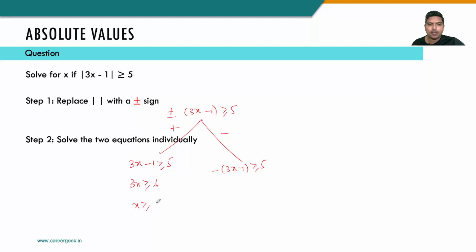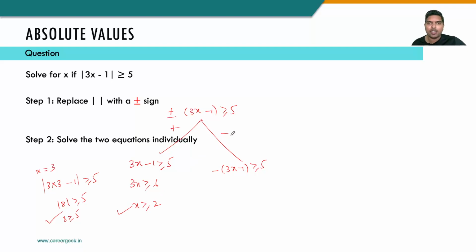Divide by 3, no change. x greater than or equal to 2. Let me take x as 3 and check. 3x minus 1 is greater than or equal to 5. 9 minus 1, 8. Yes, this is true.